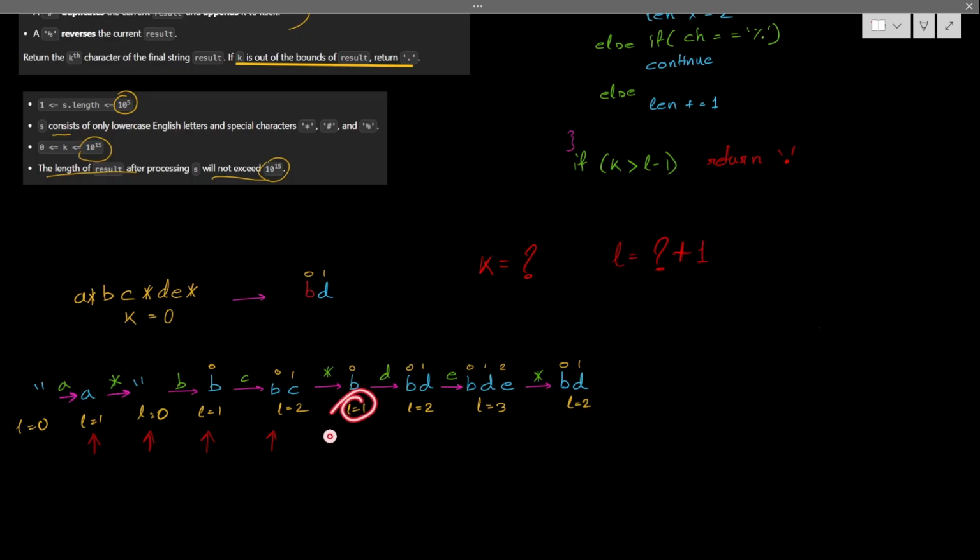After that onwards, this character is fixed. Nobody is going to change that. So in the case of asterisk, I will check whenever my k becomes L plus 1. Sorry, length plus, not length plus 1, my bad.